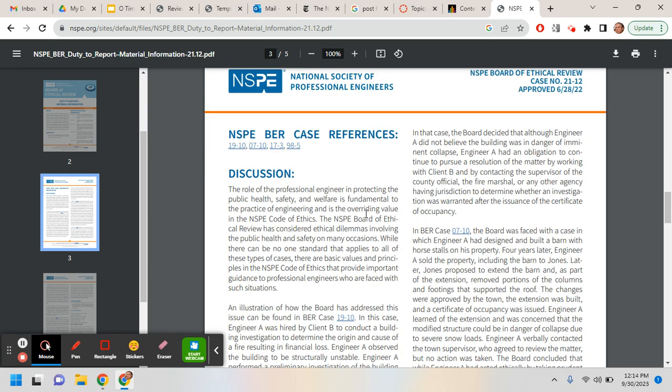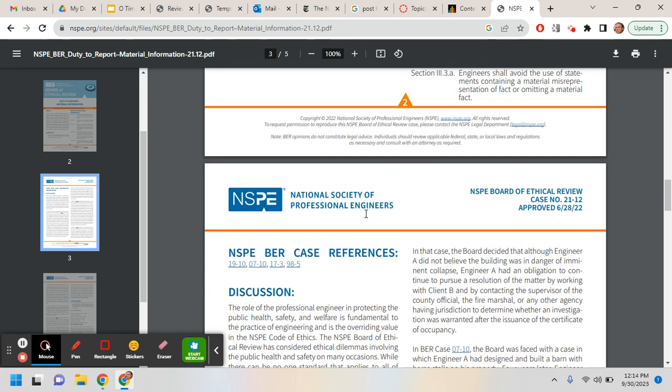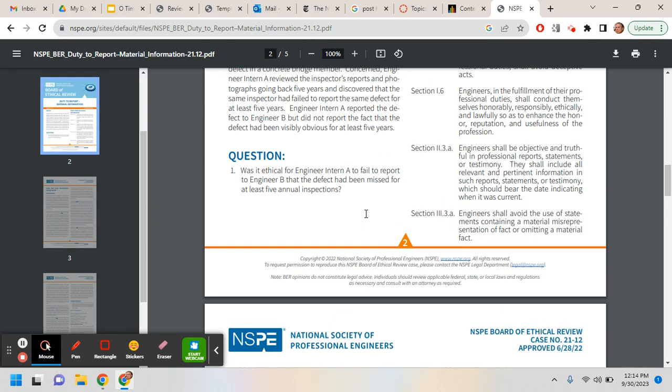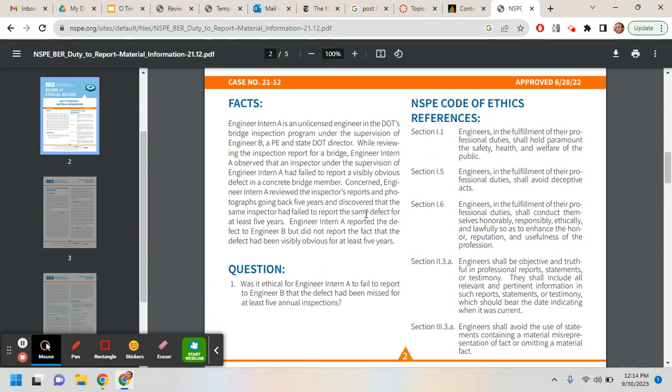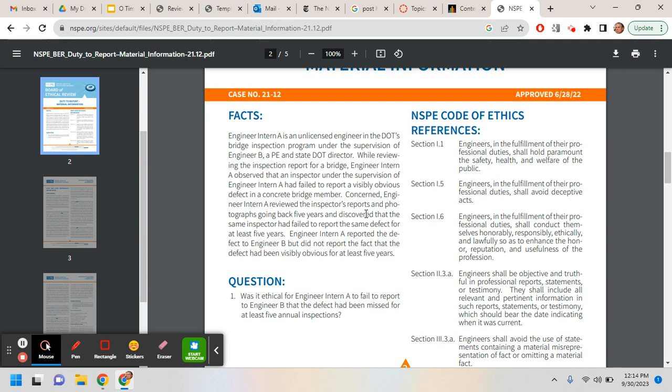Last thing I want to say about BER cases, and I wouldn't worry too much about this, but I think that it's true. If in this context at least, the Board of Ethical Review accuses an engineer of acting unethically, that's where this reference section comes in as being extremely important.